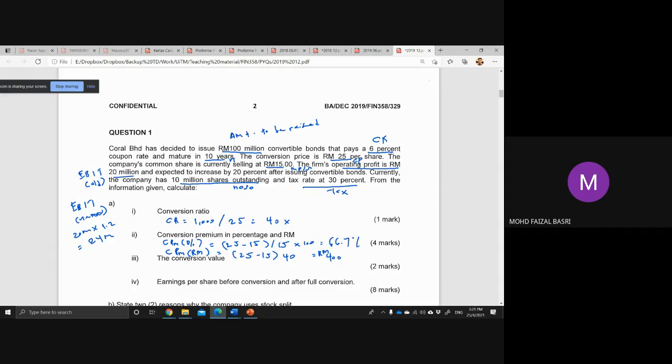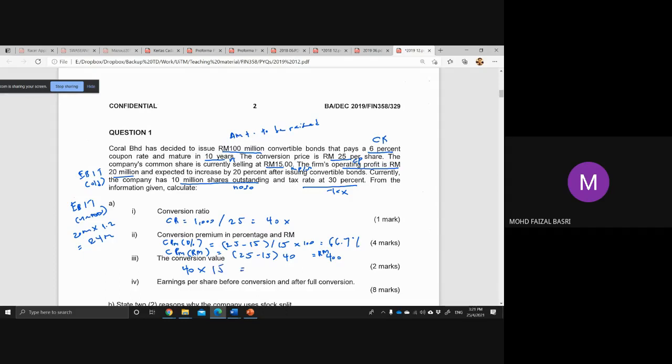Okay, so find the next one, which is conversion value. Conversion value will be the conversion ratio, which is 40, multiplied with the market price. Market price is 15 ringgit.